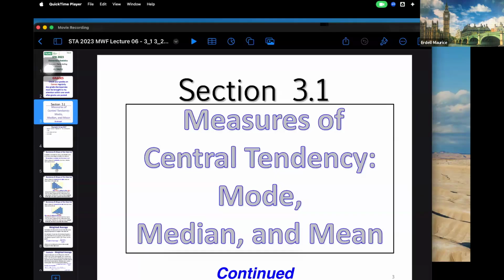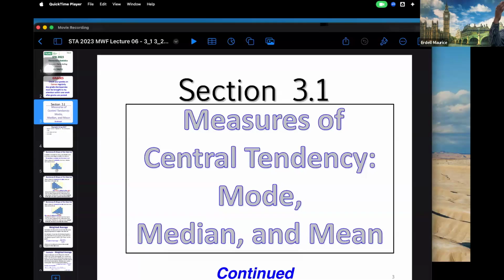There's a simple formula. If it's odd, add 1 and divide by 2, and that will give you the position of the center number. If I have 5 numbers, add 1, 6 divided by 2 is 3. The third number in line is going to be the center value. So if it's odd, add 1, divide by 2. If it's even, you divide by 2, and that gives us the first of the 2 center numbers, right?